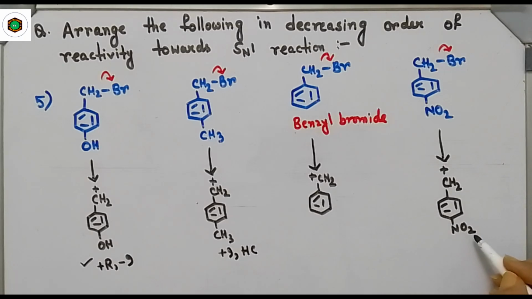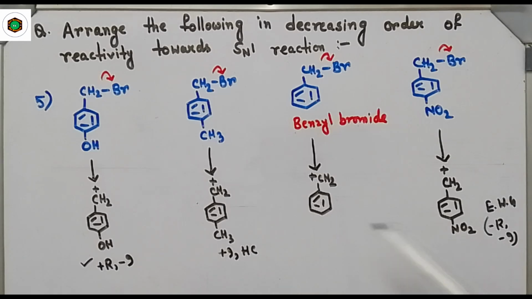Here an electron withdrawing nitro group is there at the para position. So it is having both minus R and minus I effect. It is an electron withdrawing group. So due to the plus R effect, it will stabilize the carbocation most. Then due to the hyperconjugative effect and inductive plus I effect, it will stabilize the carbocation.